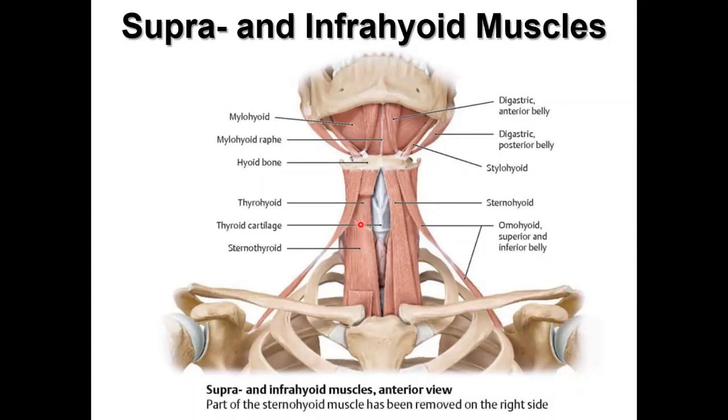Here is our thyrohyoid muscle connecting the thyroid cartilage and the hyoid bone. And here is our sternothyroid muscle connecting the sternum and the thyroid cartilage. A lot of these muscles in this area, the names tell you what the two areas are that they're connecting to, which is pretty helpful.